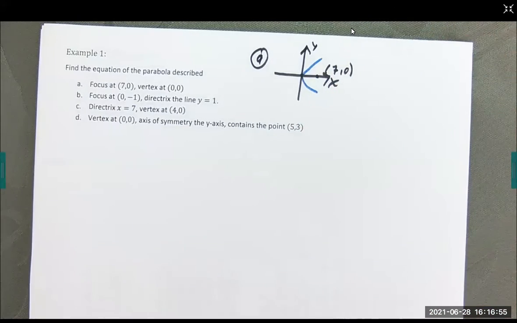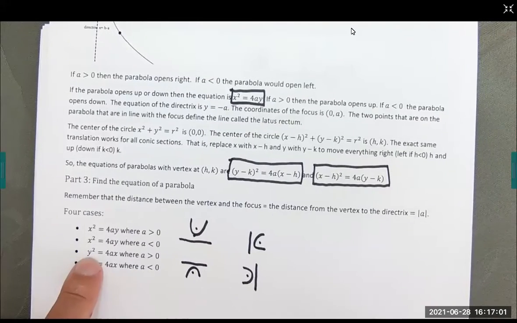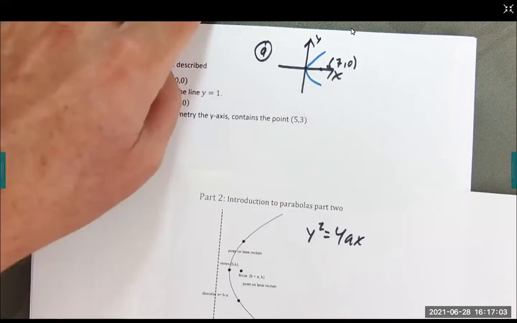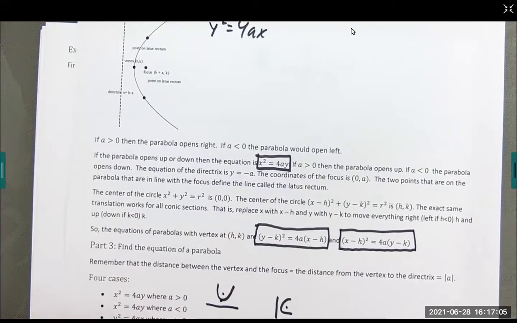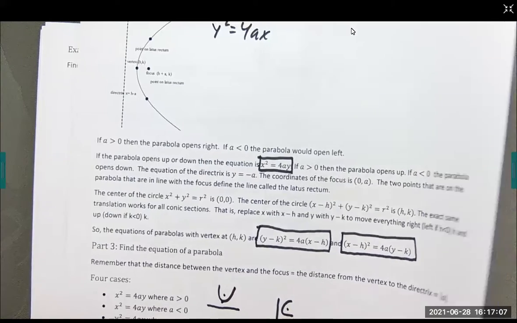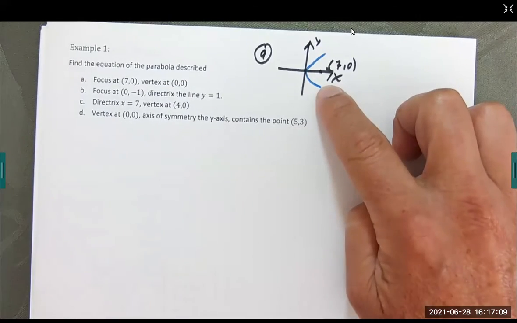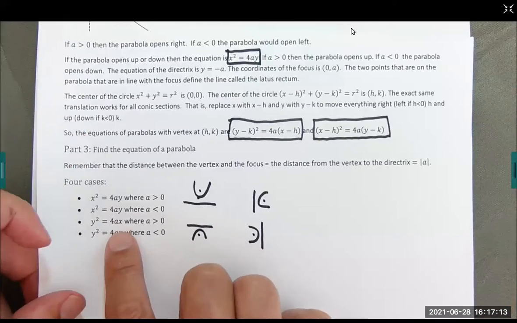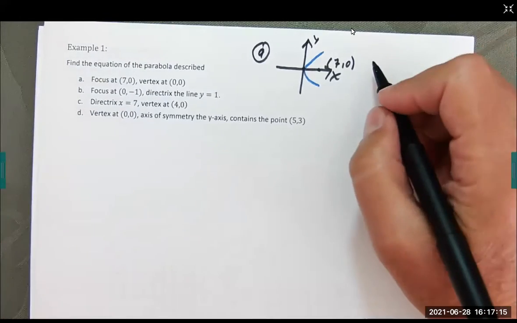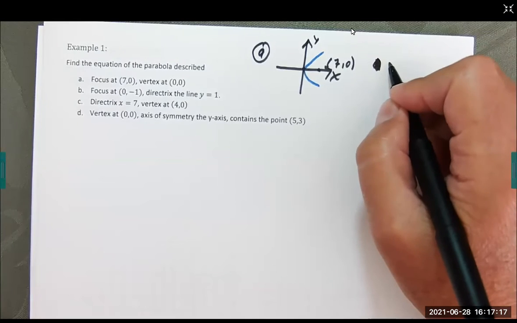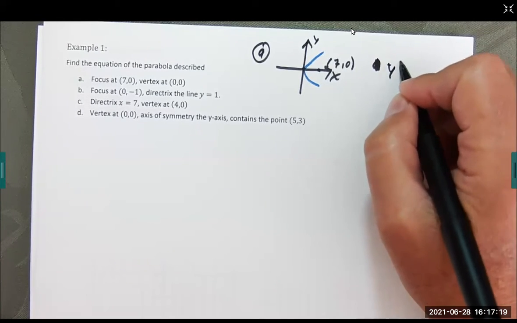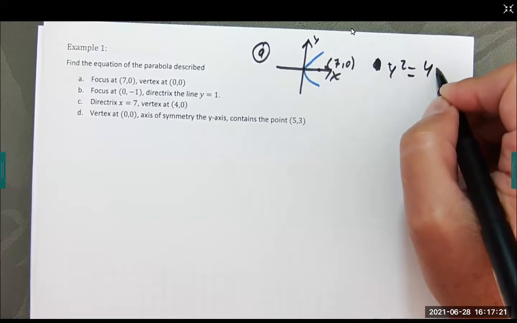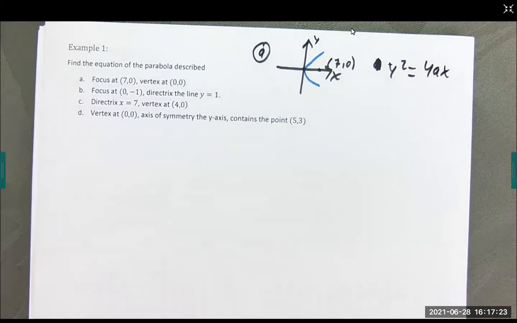this. So if we go back to our other cases, this is a y² one at 0, 0, where A is positive. It's opening that way. So it's going to model this here, y² equals 4ax.